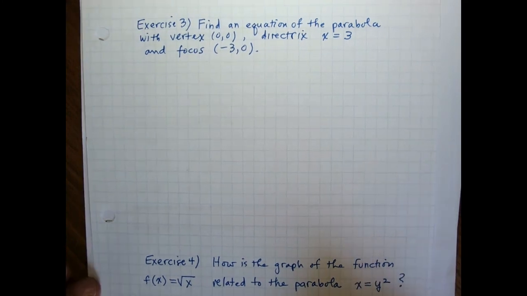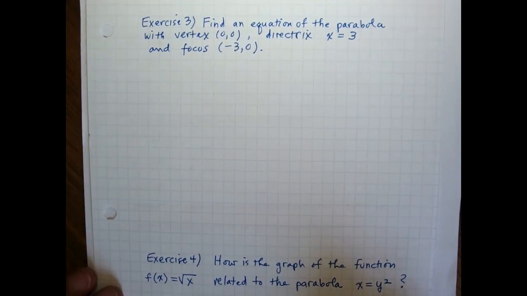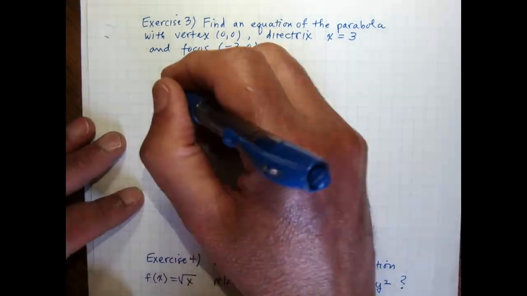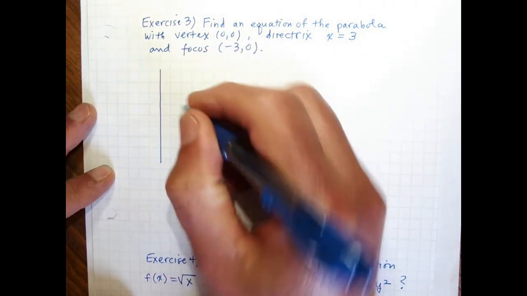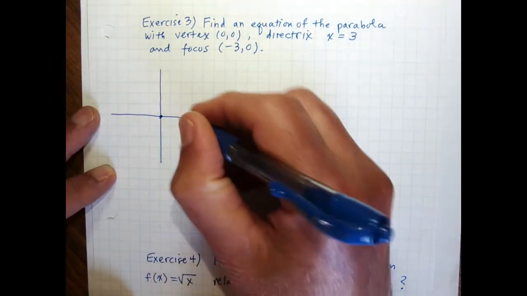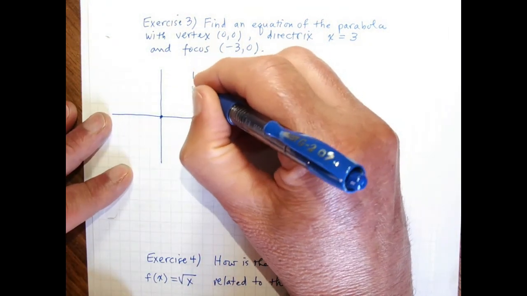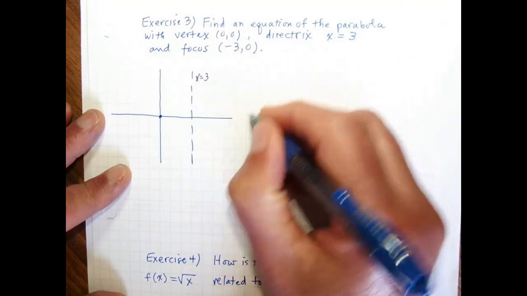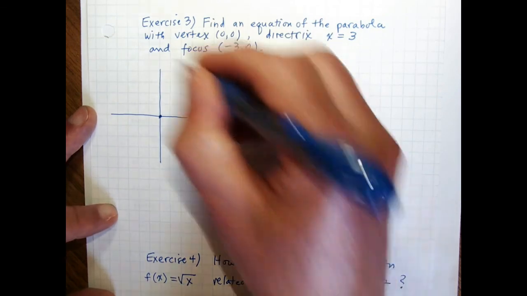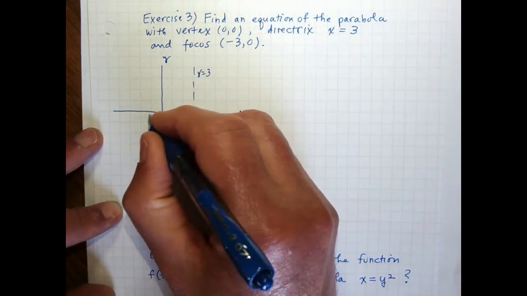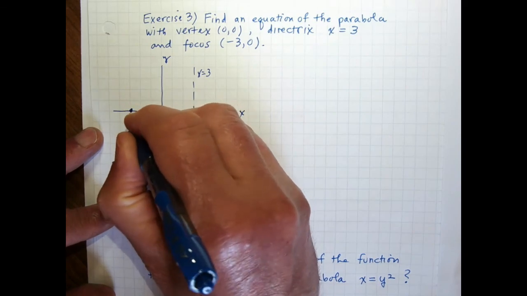Exercise 3: find an equation of the parabola with vertex at 0, 0, directrix at x equals 3, so it's a vertical line parallel to the y-axis, and focus at -3, 0.